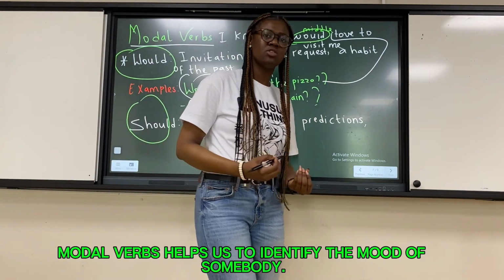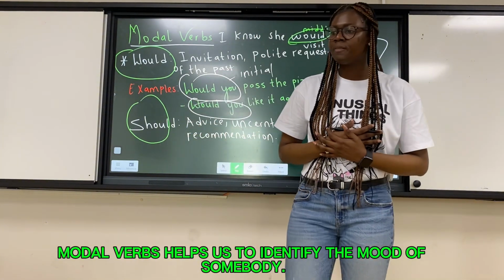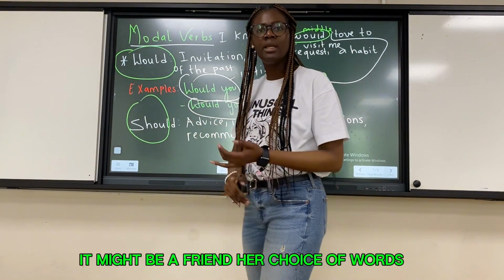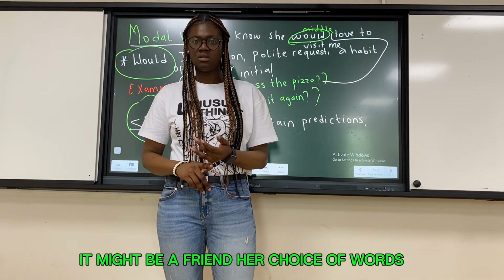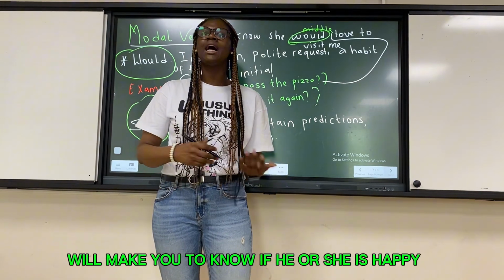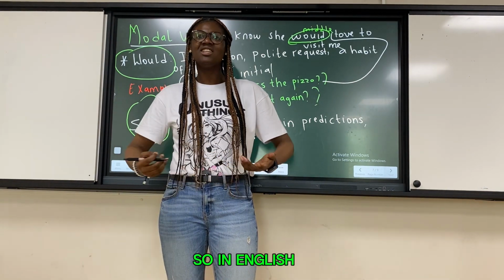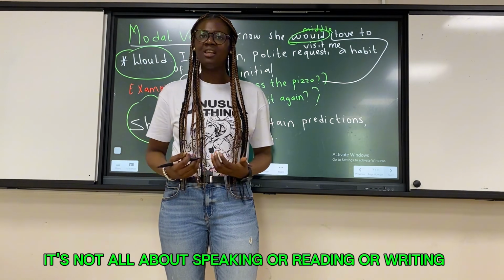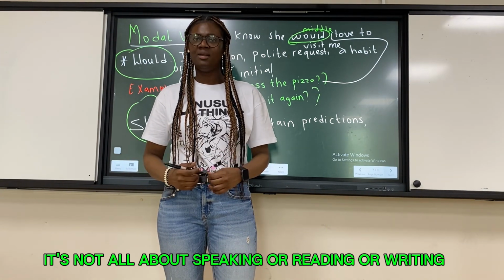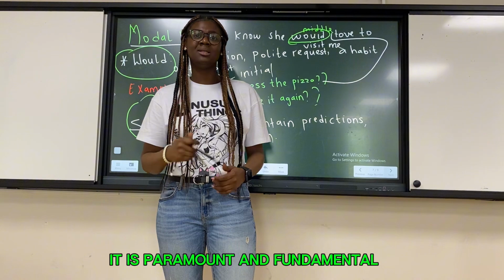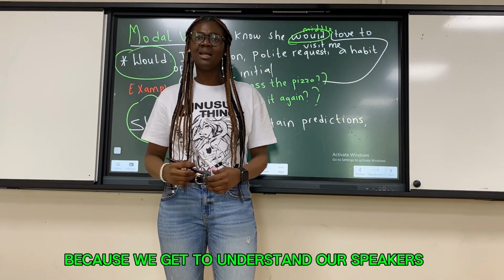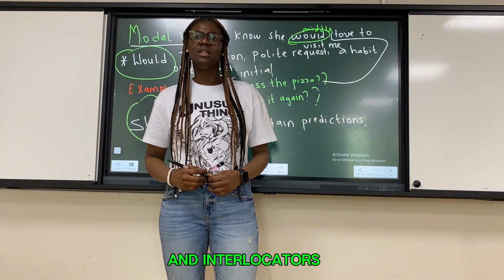Modal verbs help us to identify the mood of somebody. It might be a friend. Her choice of words will make you know if he or she is happy. So in English, it's not all about speaking or reading or writing. It is paramount and fundamental because we get to understand our speakers and interlocutors.